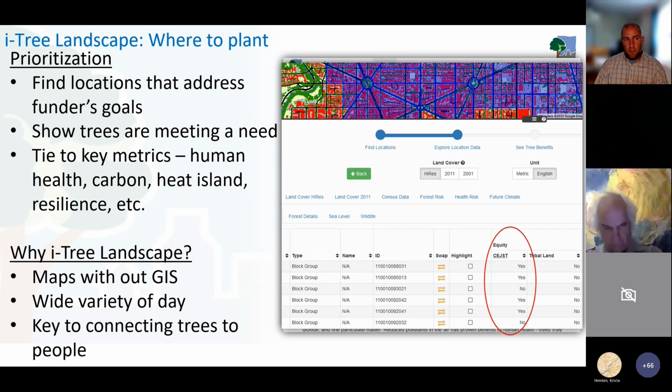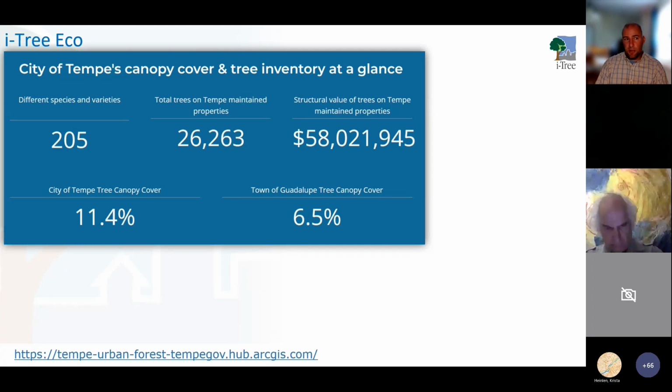So lastly, I just want to talk about iTree Eco. Real quickly, there's tons and tons of examples of people using iTree Eco. I just came across the city of Tempe's iTree Eco work relatively recently.